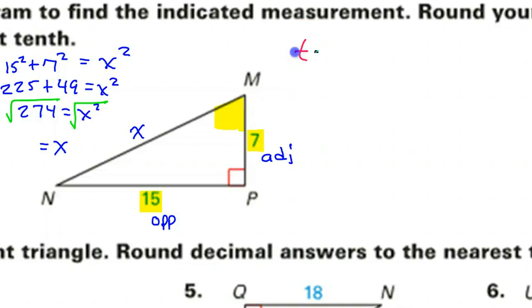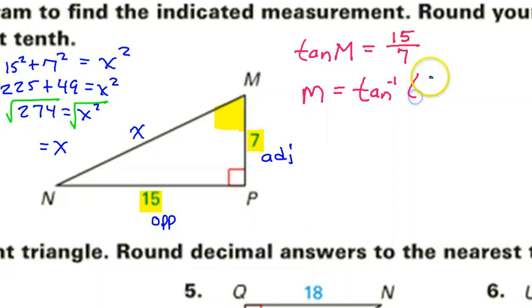So we'll say tangent of angle M is equal to opposite over adjacent, so that's 15 over 7. If you want to find the angle, which we do, we use inverse trig functions. So that means the measure of angle M will equal the inverse tangent of 15 over 7.